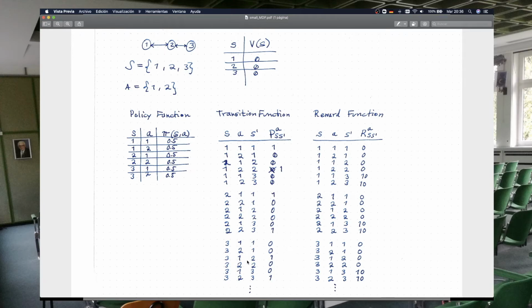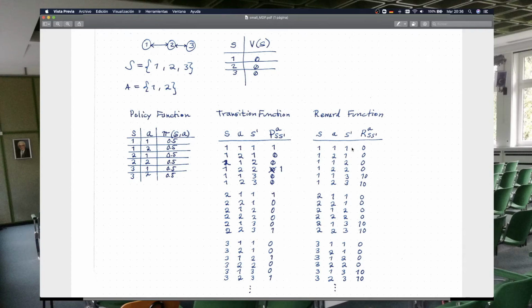So the point is that these probabilities, as you see, in a very small MDP, you can generate very long tables. But in this case, this is complete. Okay, we have all the possible combinations of S, A, and S prime, and the same happens with the reward function. Okay, so this is wrong because this table is complete. Now the reward function is given by the programmer.